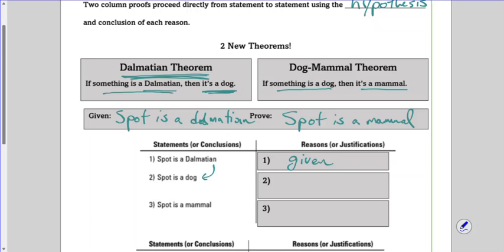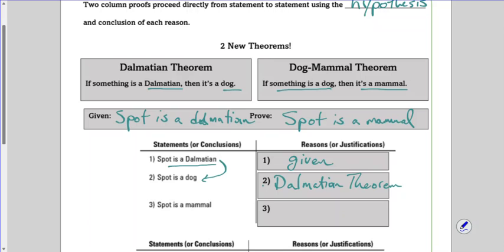So I'm justifying this step using this reason, the Dalmatian theorem. The Dalmatian theorem justifies that step in saying that Spot also must be a dog because it says that if something's a Dalmatian, then it must also be a dog. So I'm told Spot's a Dalmatian, I know Spot's also a dog.